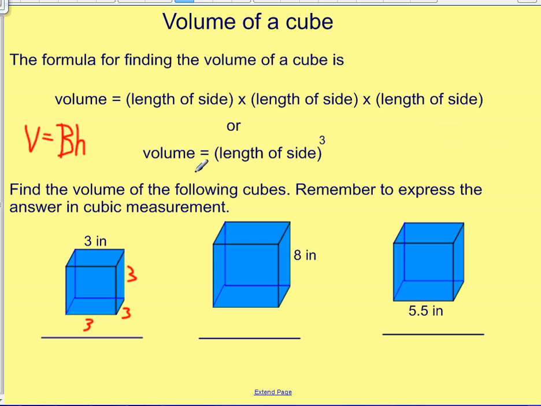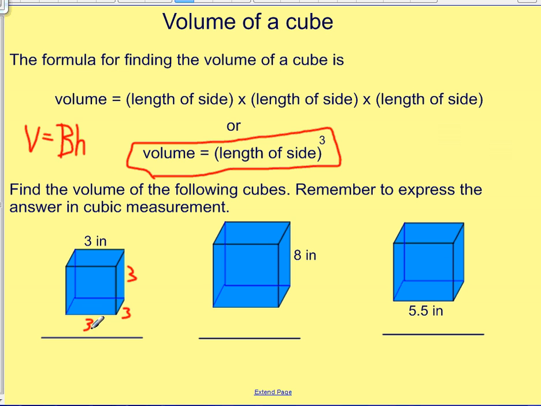You can get more specific with every prism or cylinder that you're working with, and they have specific formulas that you can use. However, I like to just memorize one formula and use it over and over again.